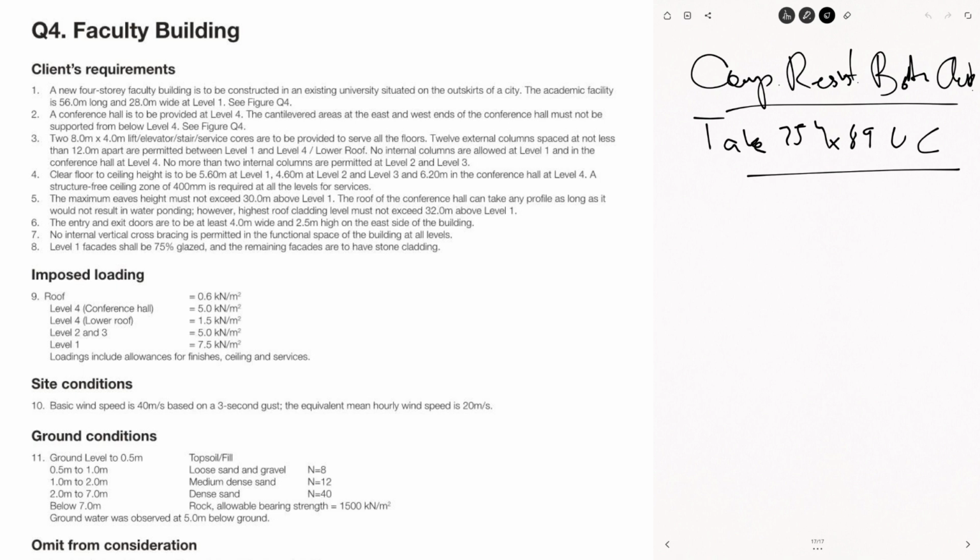But now I have to do the calculations to prove it, and now take that one. The area of this one is 113 square centimeters. The critical length, as I say, is 1.6 meters.